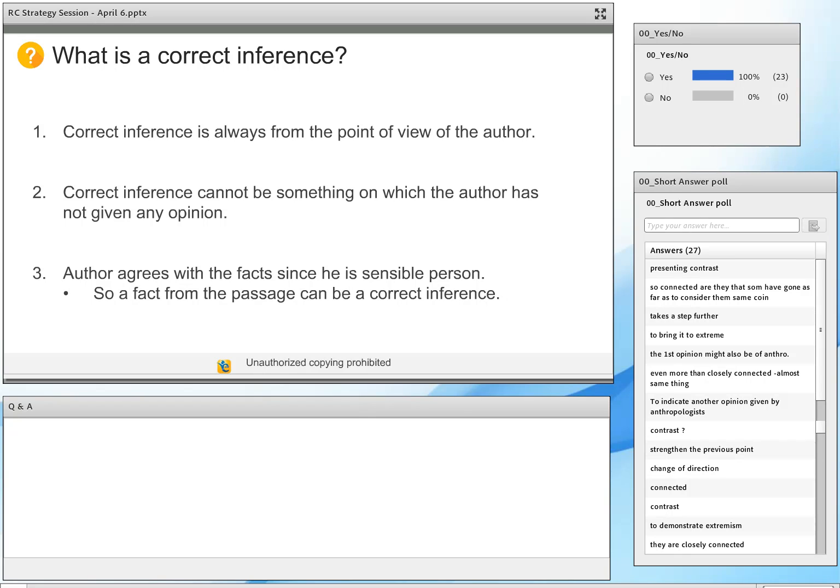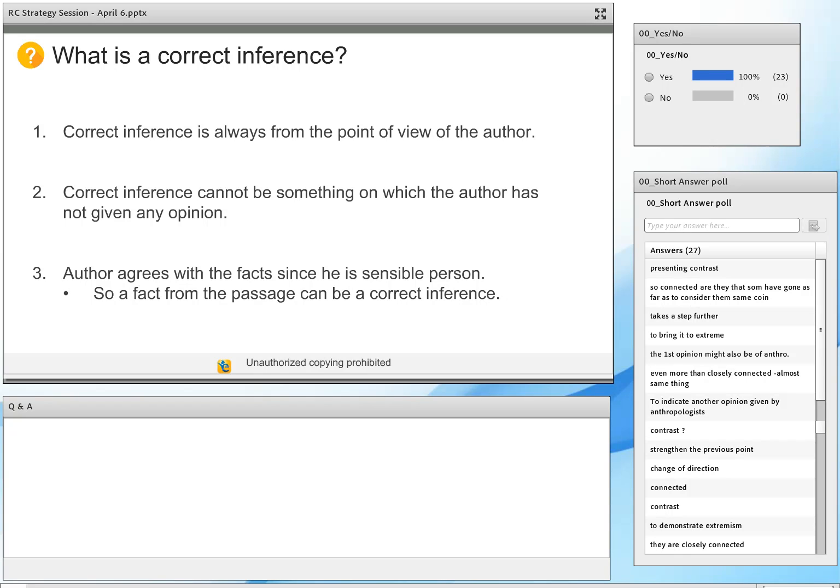Now, the question at hand was: what can be inferred from the passage? Right? Now, what I would say is that the correct inference is always from the point of view of the author. Okay, that's something that's a given. An inference is always from the point of view of the author. A correct inference cannot be something on which the author has not given any opinion. If the author is simply presenting someone else's views, then that view in an answer choice cannot be the correct inference.